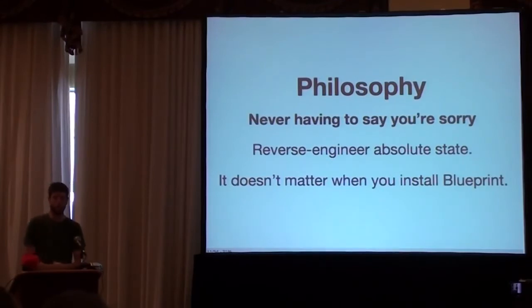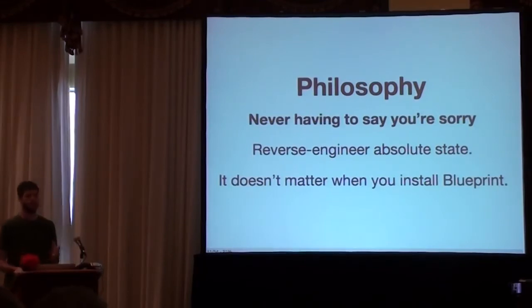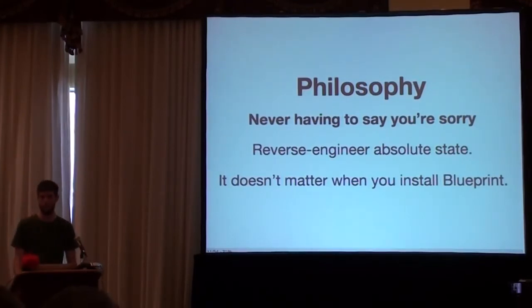With apologies to a guy named Ryan Tomayko from GitHub, Blueprint means never having to say you're sorry. And he said this about Git, but I think the same sort of thing applies. There's never a case where installing Blueprint a month ago instead of 5 minutes ago will make any difference. So there's never a case where I have to say to someone, you should have installed Blueprint last month before you cowboyed the hell out of that server.